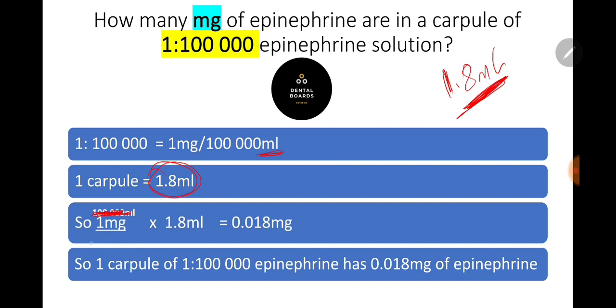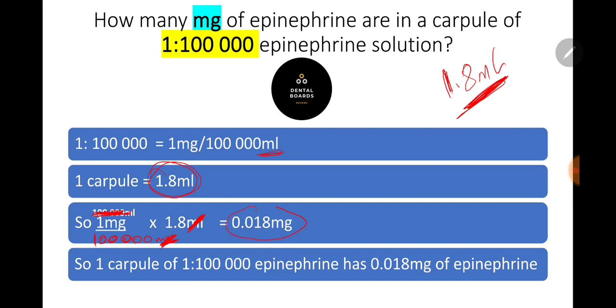But pretty much you divide here. So it's 1 milligram in 100,000 mLs. So you multiply by the total volume of one capsule, which is 1.8. If you know the math, the mLs and this one are going to cancel, and you remain with the milligrams.